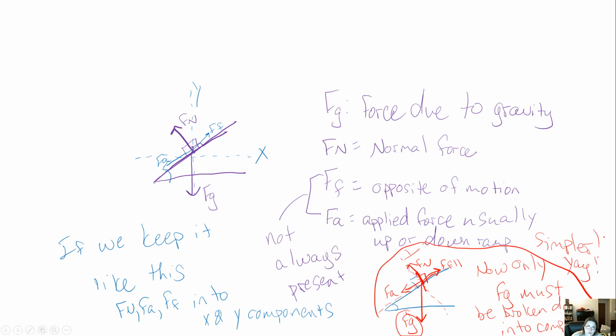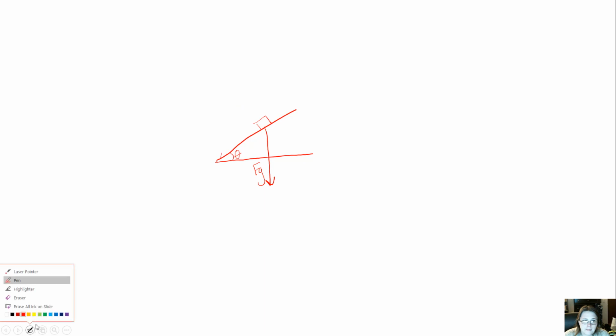Okay, so now the next part is to figure out how we break it down. We know we use sines and cosines to break something down into components, but we have this ramp, we have this angle, this is the force due to gravity, this is one angle, this is one axis, and this is another axis.